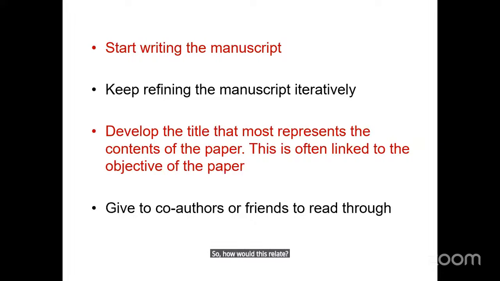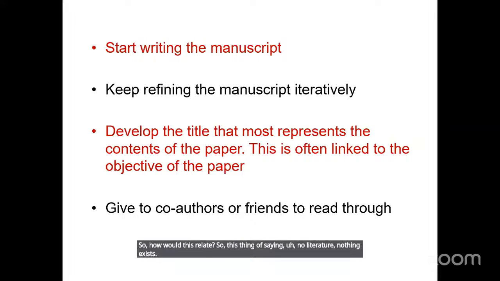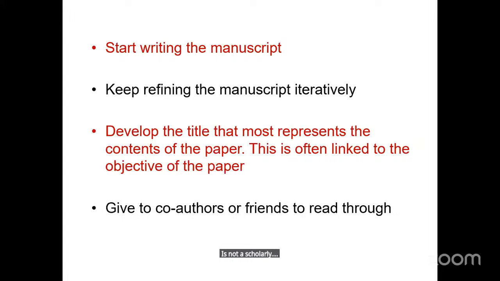So this thing of saying no literature, nothing exists, is not a scholarly arrangement, because new knowledge builds on old knowledge. And there are some books that say that there is nothing new under the sun.